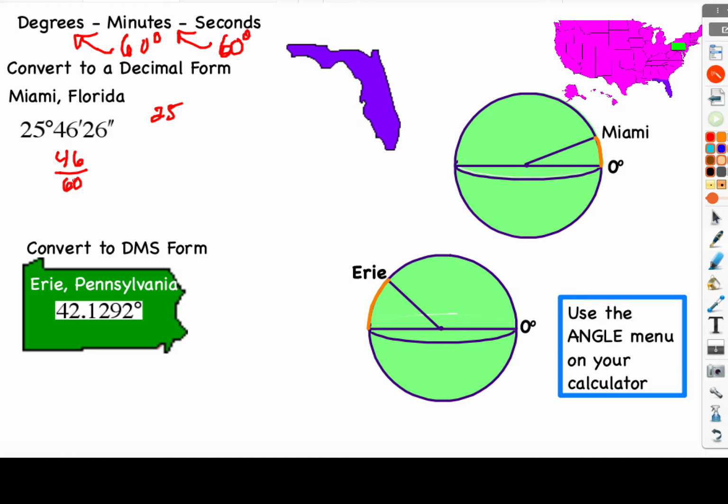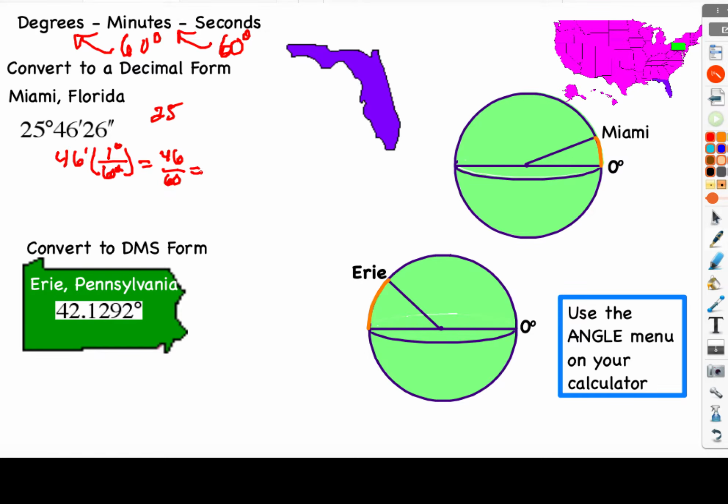Or if you want to really use the conversion idea, what you could do is say that it's 46 minutes times, I'm going to say there are 60 minutes in 1 degree, which basically comes out to 46, and we cancel our minute label, 46 times 1 over 60.